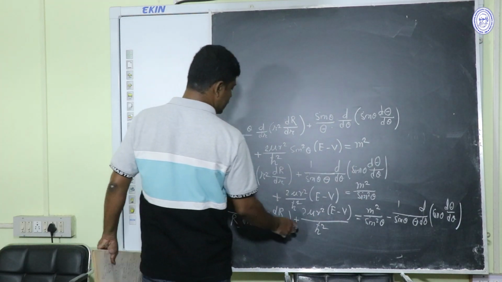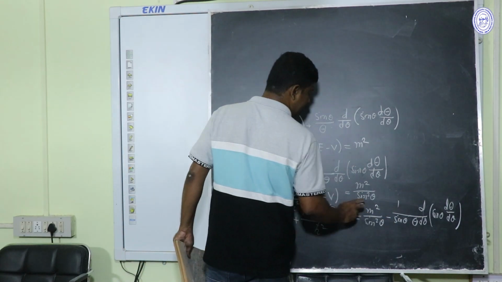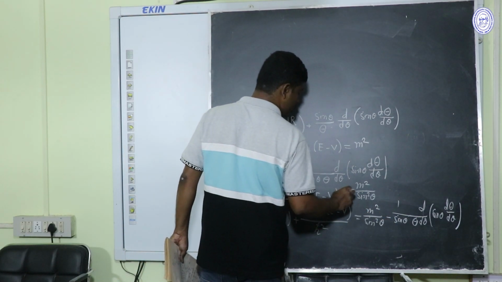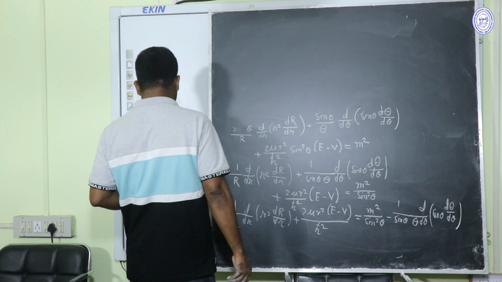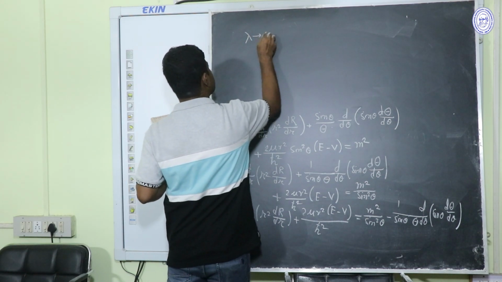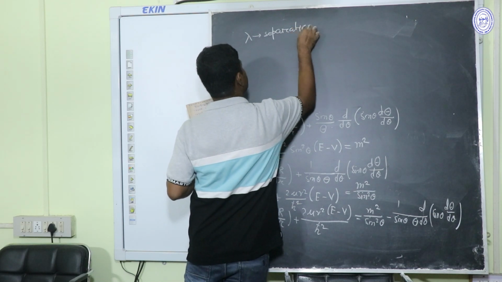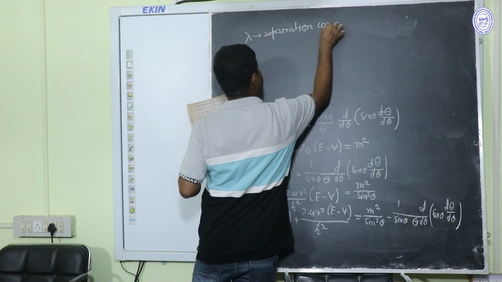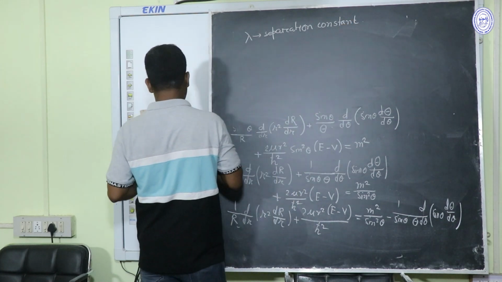So, again this left hand side is a function of r and this is a function of theta, and they are equal, and it is possible only when we take it as a constant. This constant is say lambda. In this case the separation constant is lambda. Lambda is the separation constant.